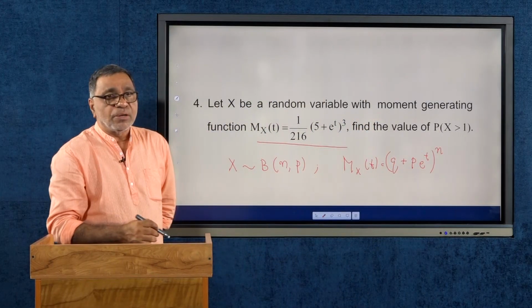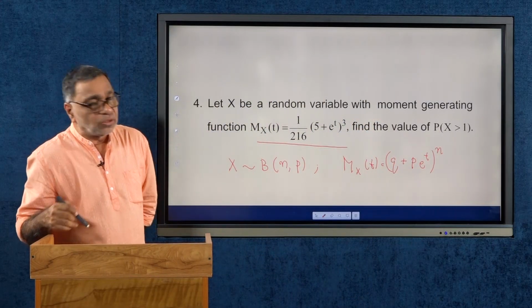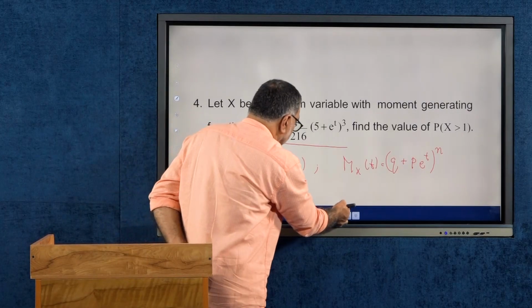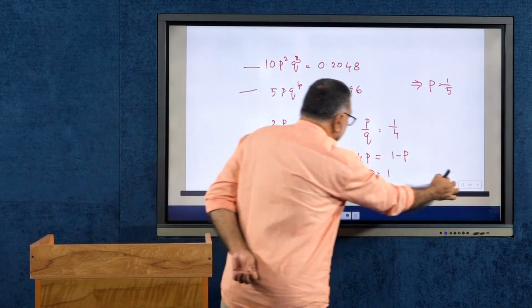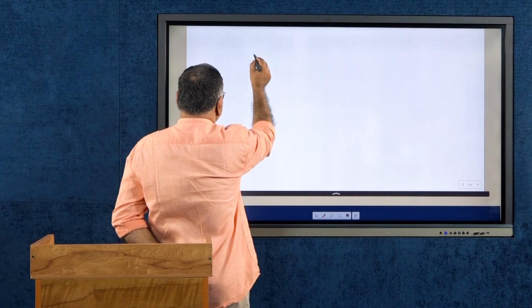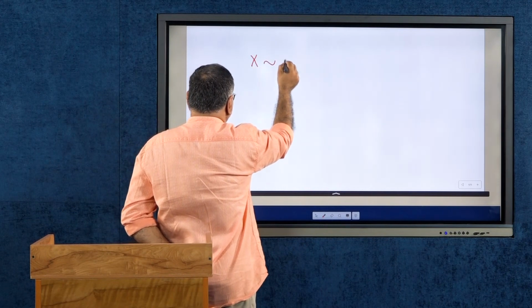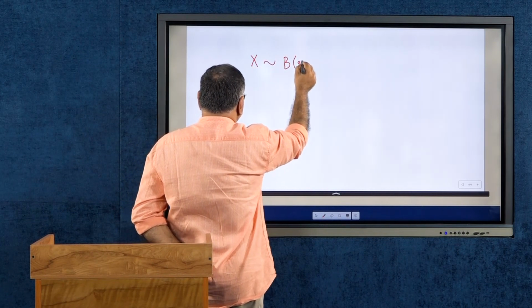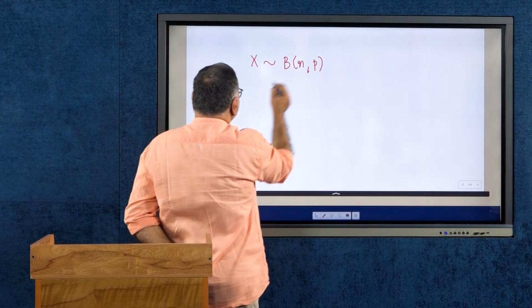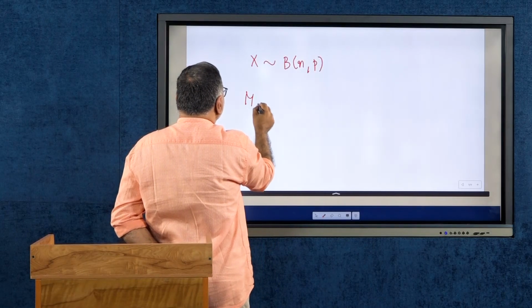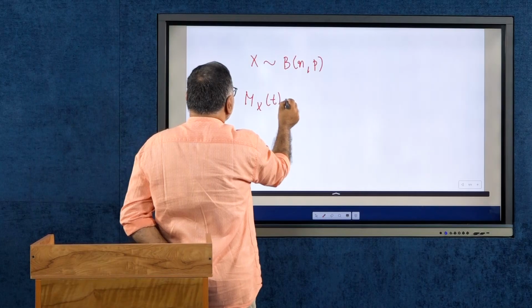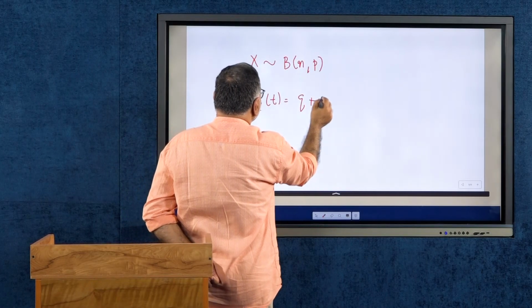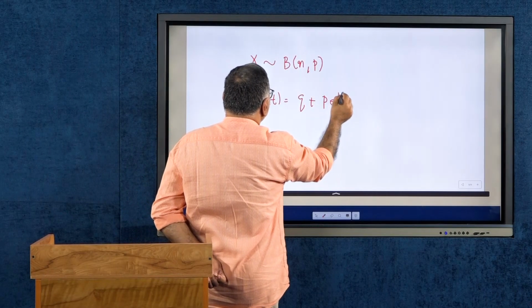See, this is our moment generating function of the binomial random variable. Let me write. Suppose x is a binomial random variable, then the moment generating function of this binomial random variable is equal to (q plus p e power t) power n.